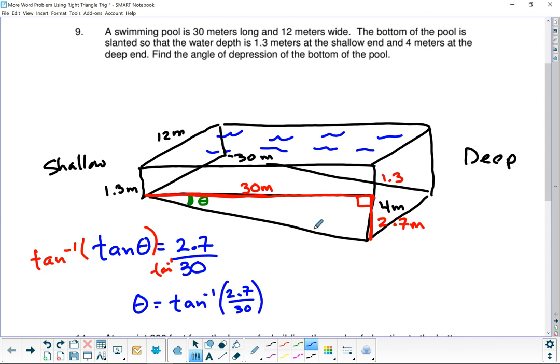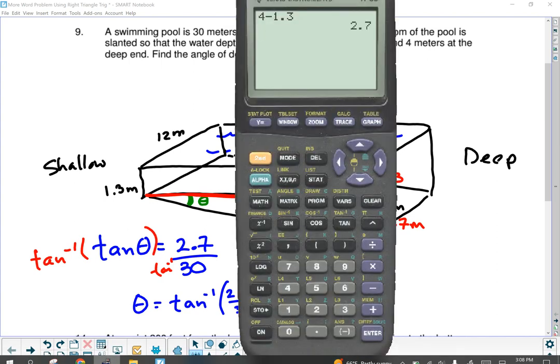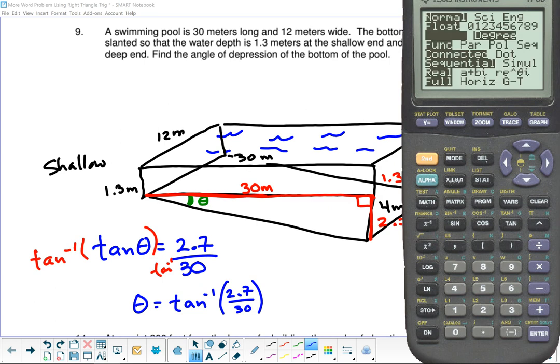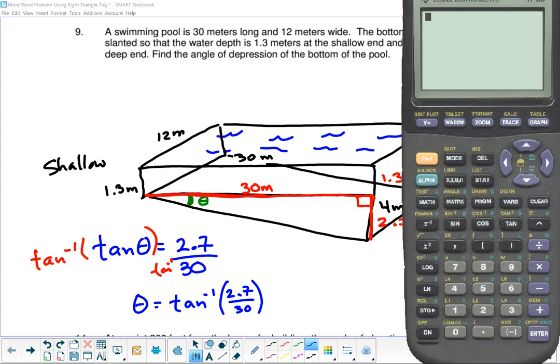Now if you think about it, this should be a pretty small slope, or pretty small angle of depression. So I'm going to go ahead. Make sure you're in degree mode, which I am. So we got tangent inverse of 2.7 divided by 30, and we got 5.14 degrees.